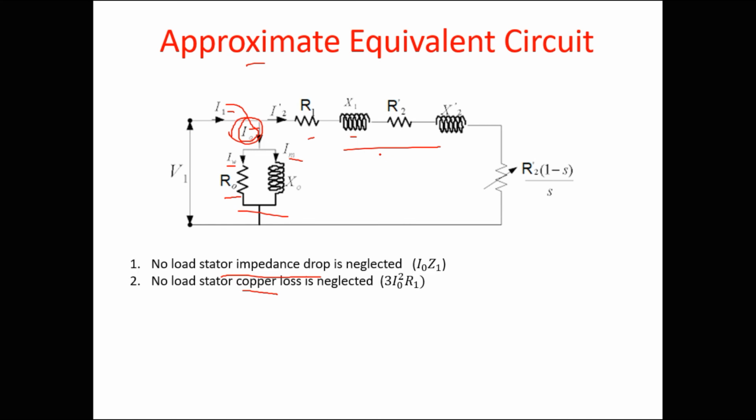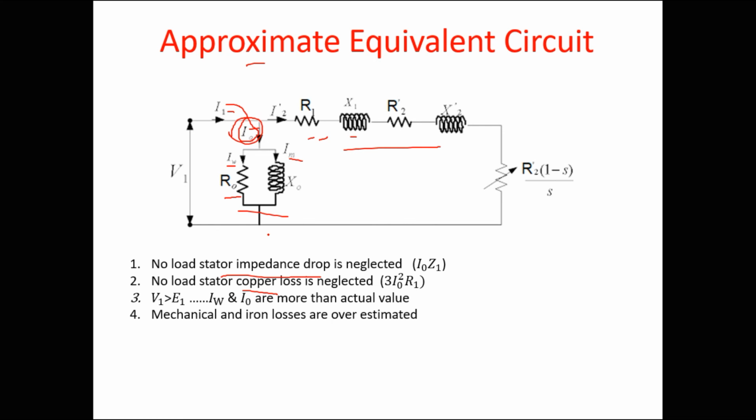Because of that, we are not having any losses on the stator parameters due to no load current. So because of that, we are having more overestimation of the mechanical losses. So these are all the disadvantages of the approximate equivalent circuit.